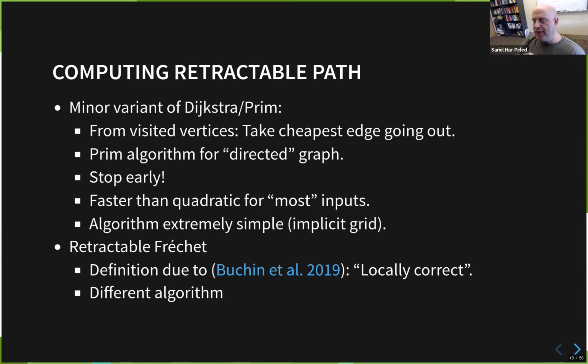Now, I should say that this definition of retractable Fréchet is not ours. It was defined earlier by Buchin et al. They called it locally correct. And they presented a different algorithm that seems to have not realized that you essentially can just use Dijkstra for this.